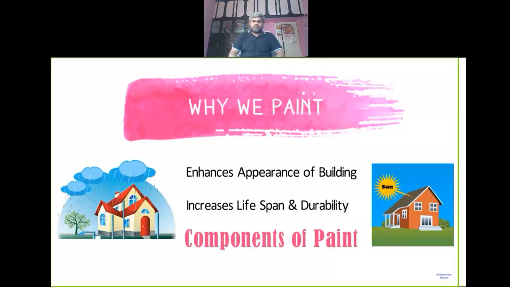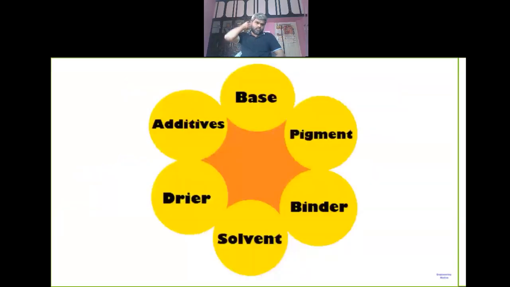Modern paints can have many complementary components, each responsible for a specific quality of the paint. But basically, paint consists of six main components. Let us discuss them one by one.